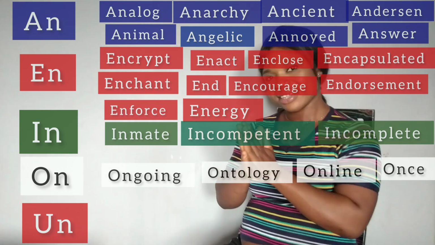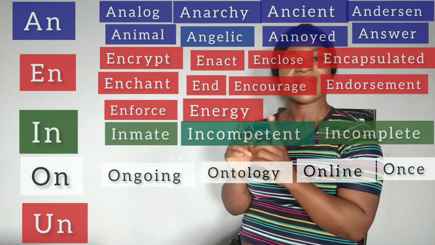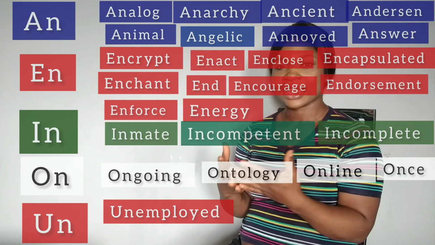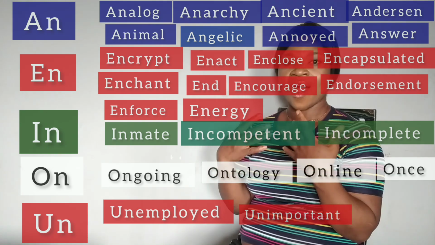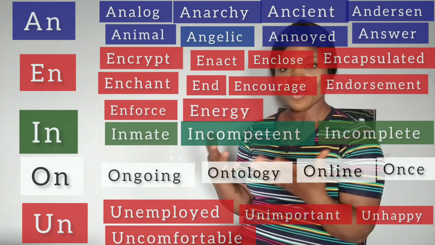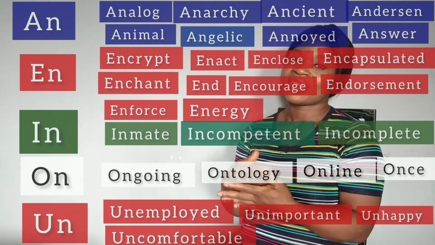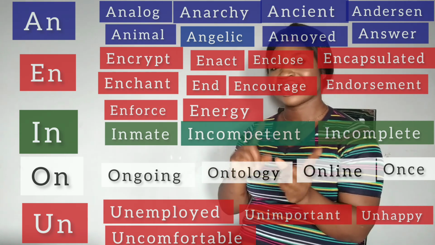The key word there is in. All right, let's see the next one. The UN, the un sound. You have unemployed, unimportant, unhappy, uncomfortable. So the key word there is the UN. We have the ON, and the UN. So know which is which.